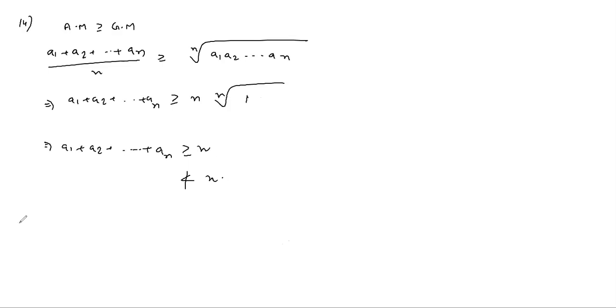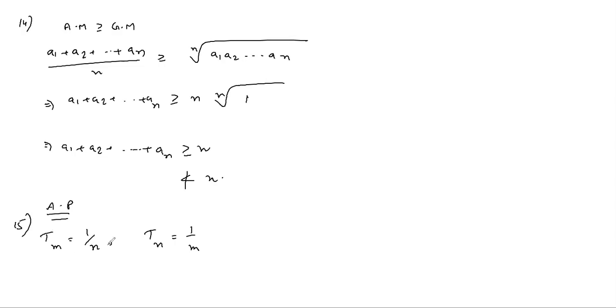Next, the 15th one. If the mth and nth terms of an AP are 1 by n and 1 by m respectively, for some positive numbers m and n, you have to find Tmn.